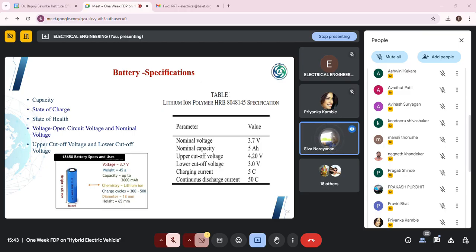Okay. So first we will see the right hand side. You have a lithium ion polymer battery. So what is the nominal voltage? Generally, at the time of manufacturing, the battery manufacturer is not able to say that every battery they manufacture is within the specified range given by them.